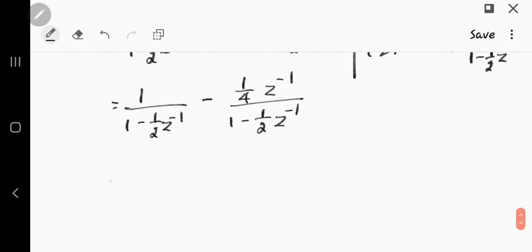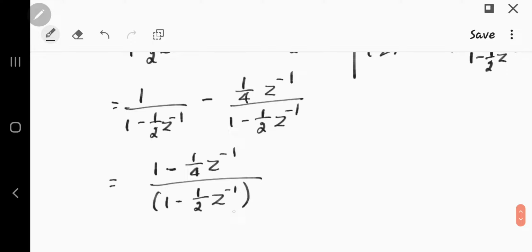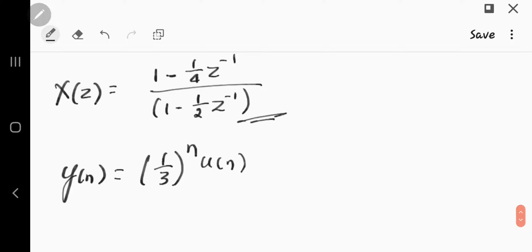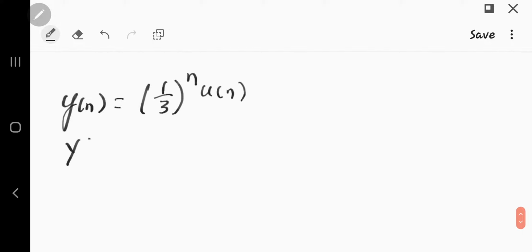Now both the denominators are same, so you can write that 1 minus 1 by 4 z inverse divided by 1 minus 1 by 2 z inverse. So this is x of z. So y of n is 1 by 3 to the power of n into u of n. So therefore we get y of z as 1 divided by 1 minus 1 by 3 z inverse.